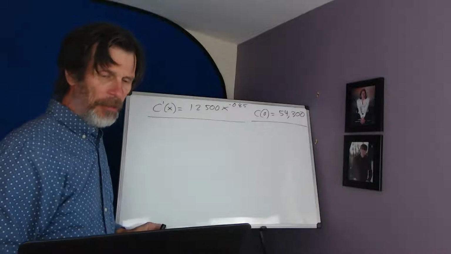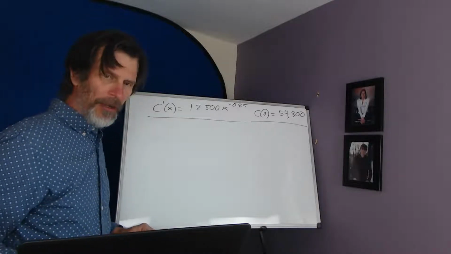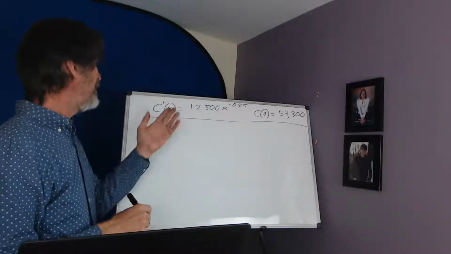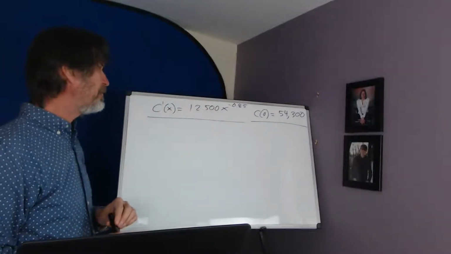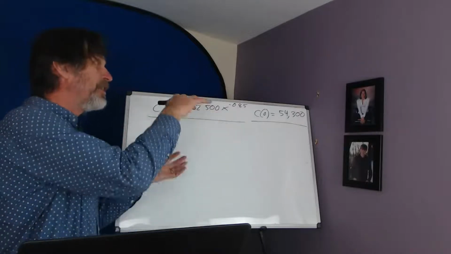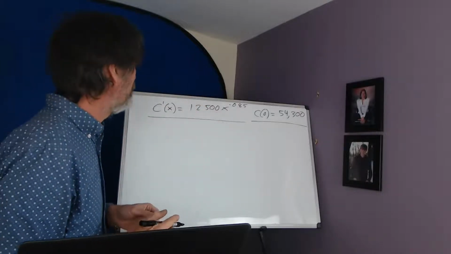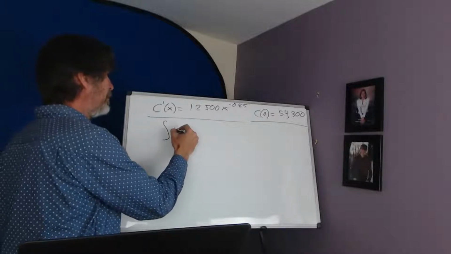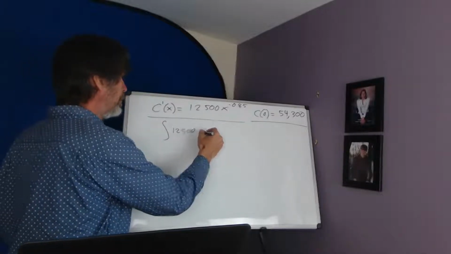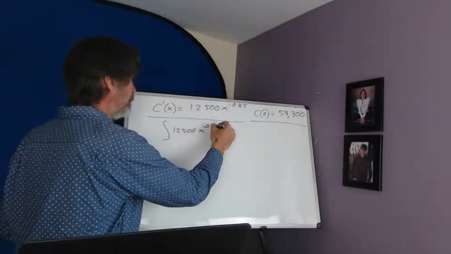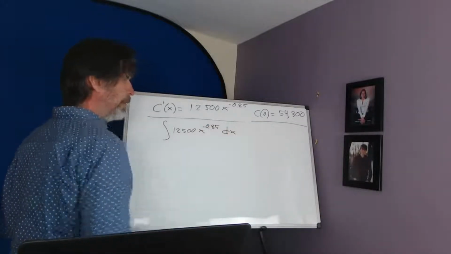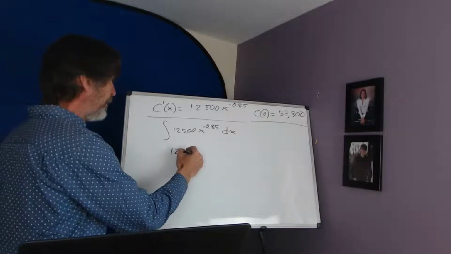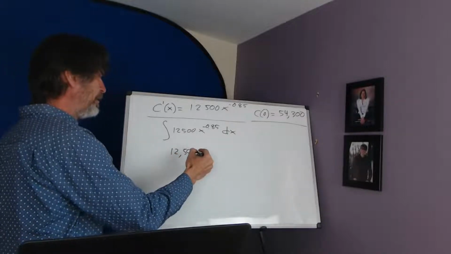Now we need to come up with the cost function. Well, if I'm going to come up with a cost function here, what I know is the derivative of the cost function. So coming up with a cost function, I'll have to go back and use the antiderivative. So I'm going to take the antiderivative of I could, if I wanted, bring the 12,500 out front.